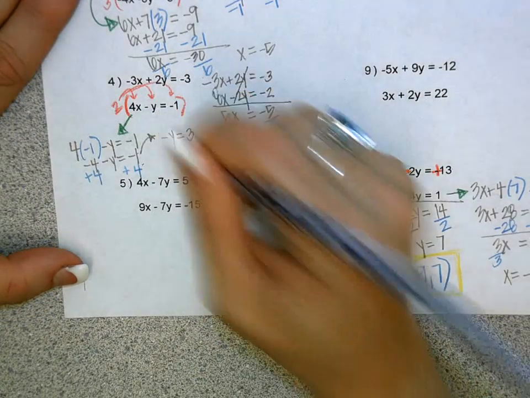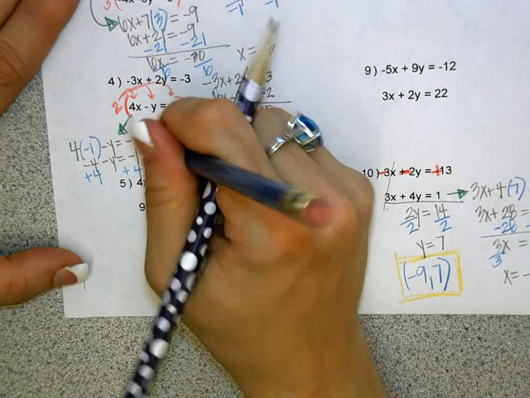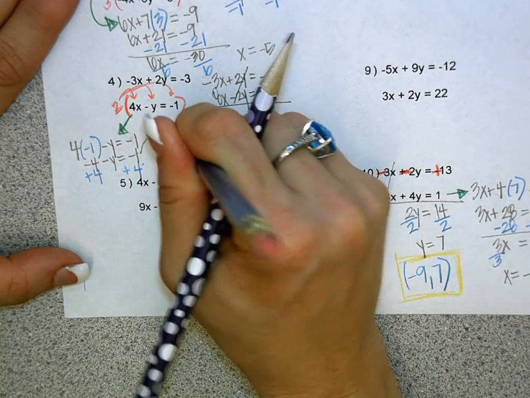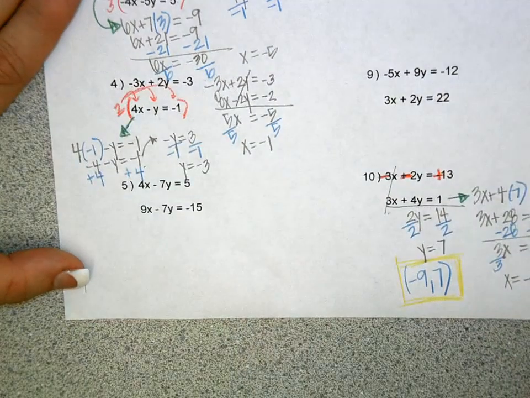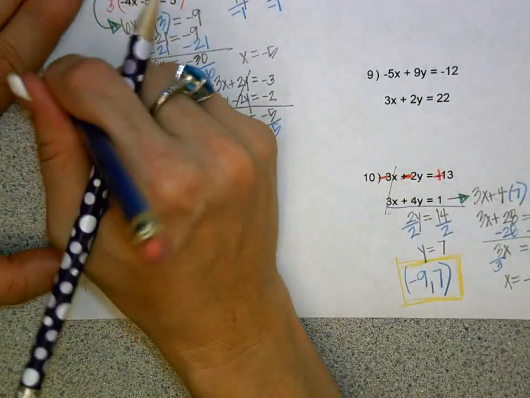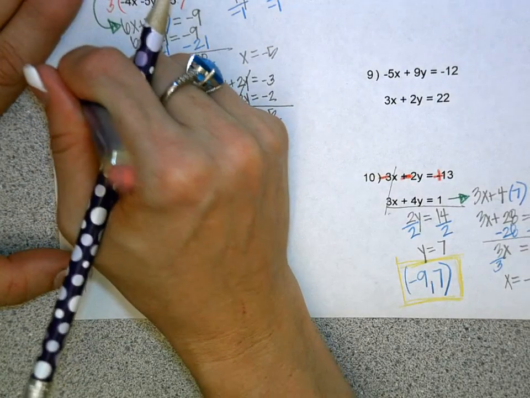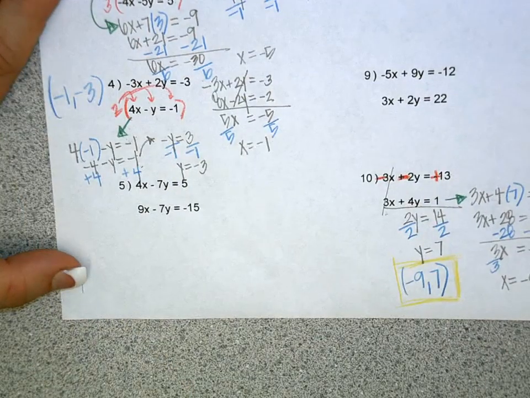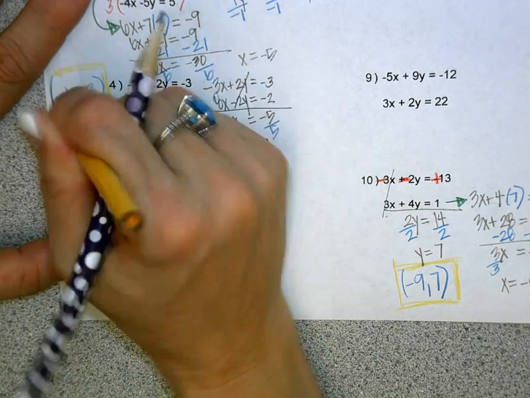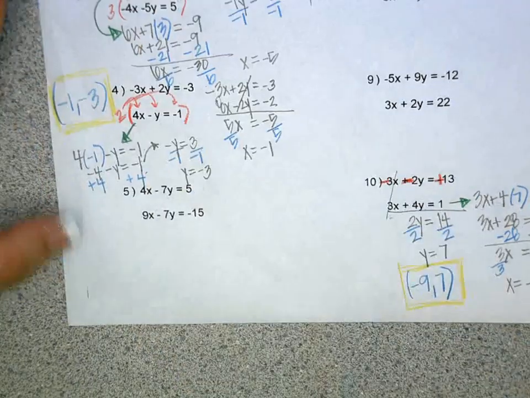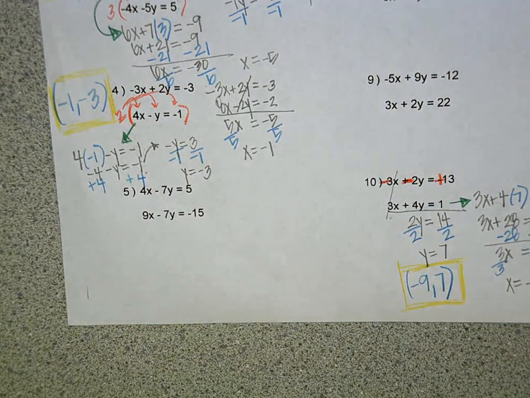Positive 3. And then to get y by itself, you have to divide away the negative. So y will equal a negative 3. So these two would cross at negative 1, comma, negative 3. Make sure they're in parentheses, x, comma, y. It has to be in that order. Okay, you guys should be able to do the rest of them on your own since I did almost all of your homework. We can do this.